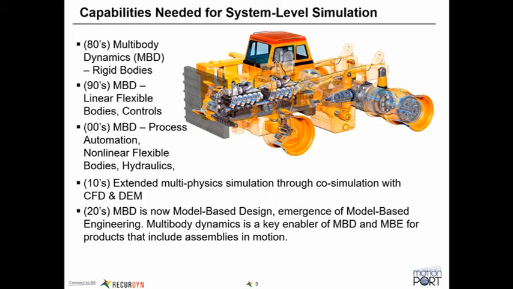And then as we came to 2000, we got more into things like process automation, which is the idea behind the Recordyne toolkits. And then a very important thing was the addition of the Recordyne nonlinear flexible body capability, and also other interfaces, things like hydraulics and so forth.